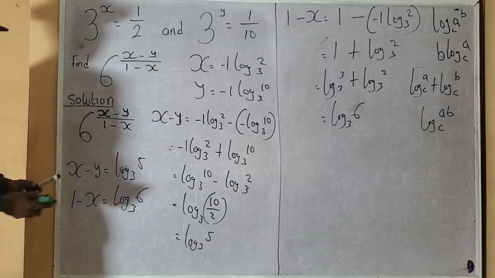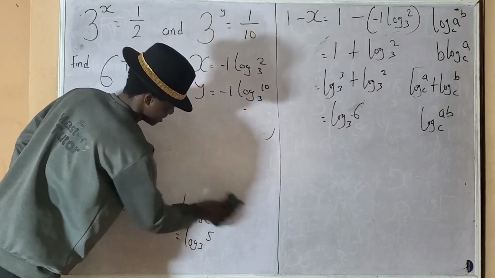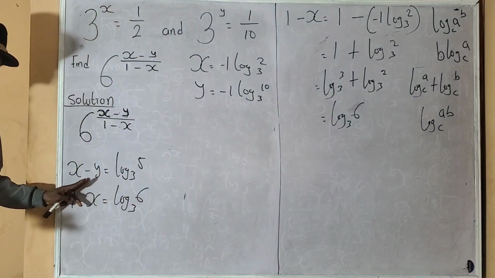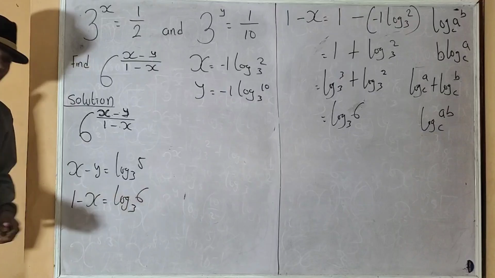Okay. So I can erase what I have here. So we have x minus y as log 5 base 3 and 1 minus x as log 6 base 3.